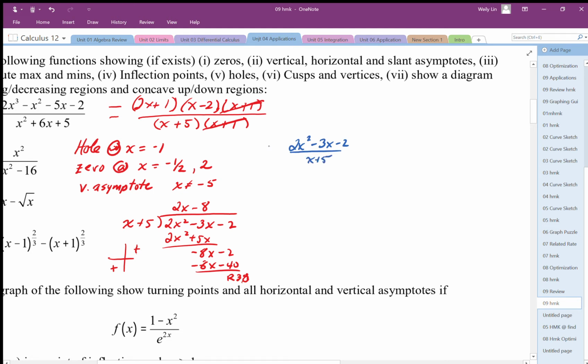So we want the derivative of that. We end up with 4x minus 3 times x plus 5, minus 2x squared minus 3x minus 2, and that's all over the denominator squared.